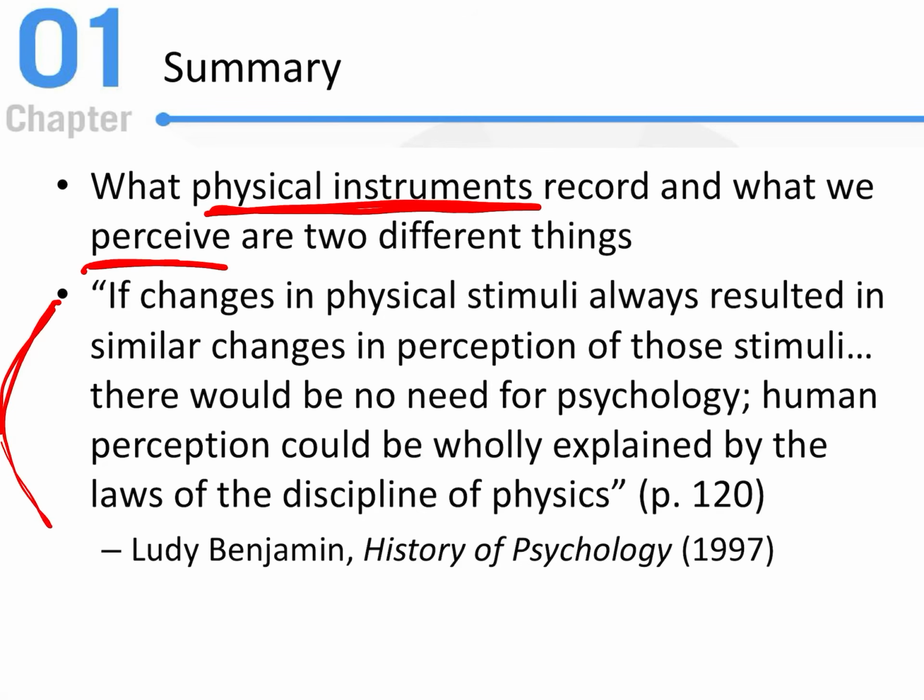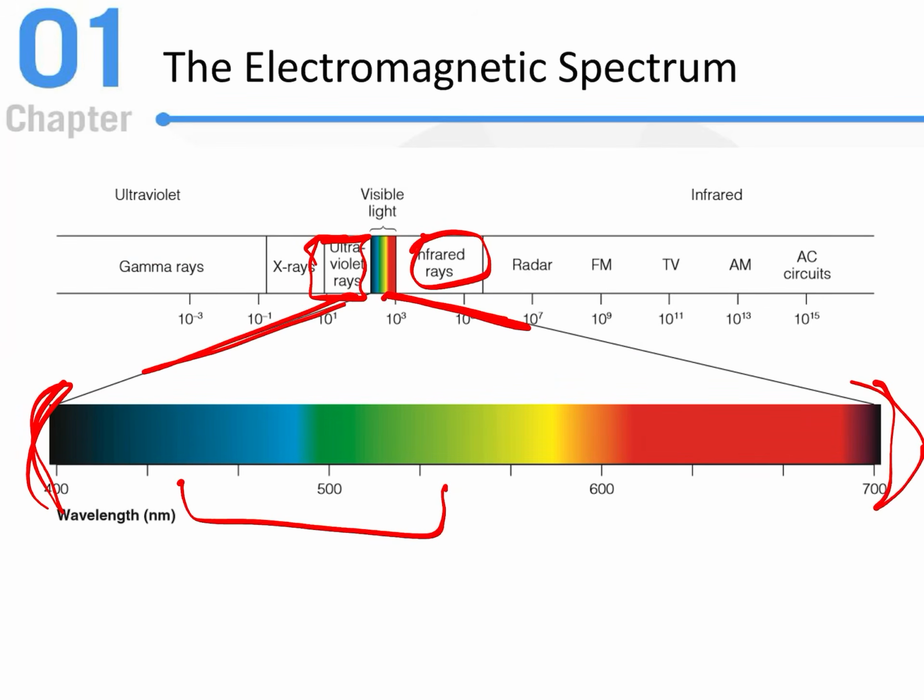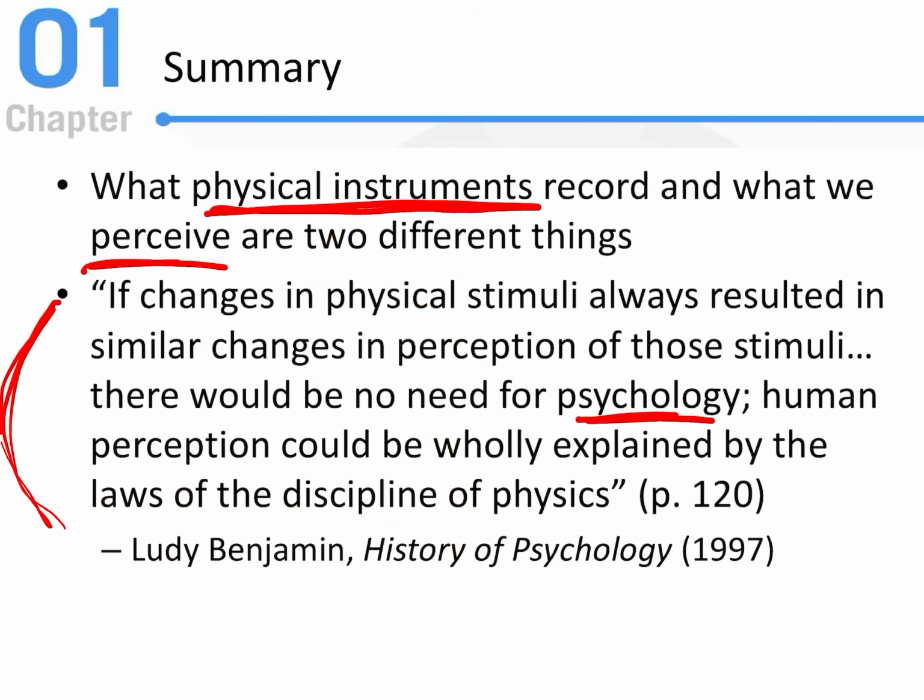And it's the uniqueness of this that makes psychology. That's what psychology is. It's looking at human perception and looking at, yes, there are laws of disciplines like physics that we need to take into account, like, for example, the electromagnetic spectrum. But we also need to see what is the human experience. That's what this is. This is the human experience.